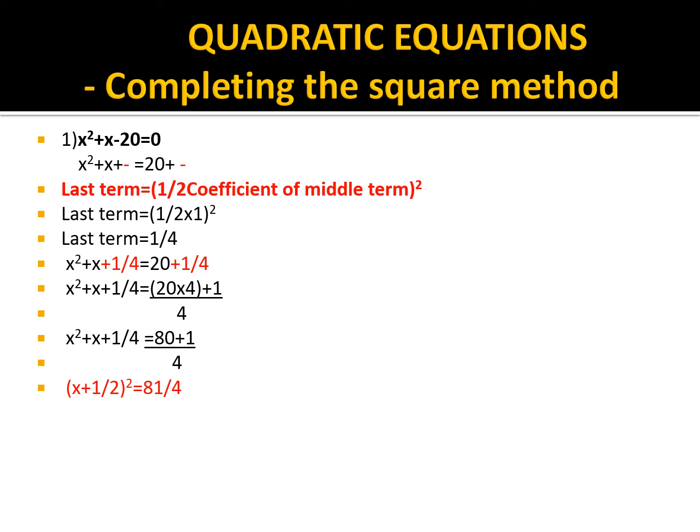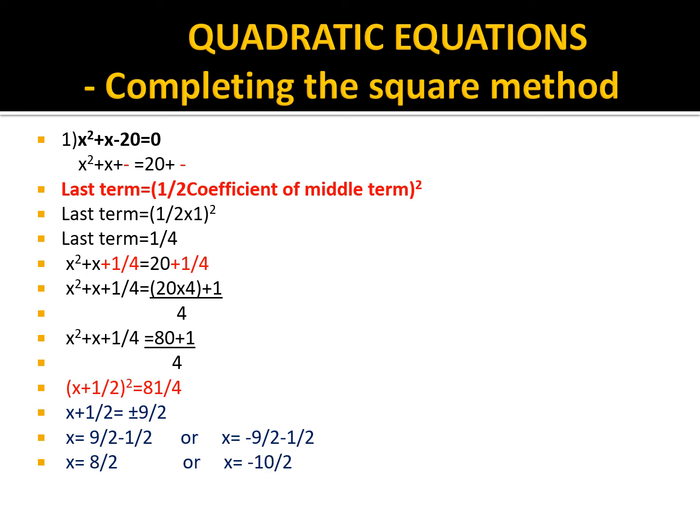Since we have to find the value of x, we take the square root on both sides, which gives us x plus half is equal to plus or minus 9 upon 2. So x is equal to 9 upon 2 minus half, or minus 9 upon 2 minus half.